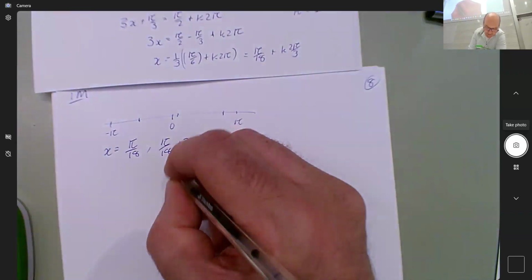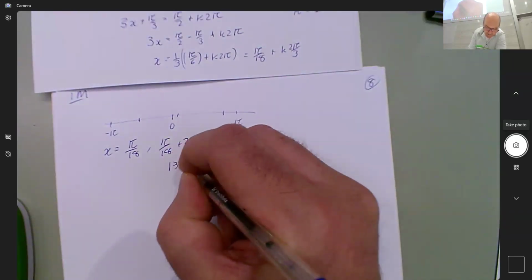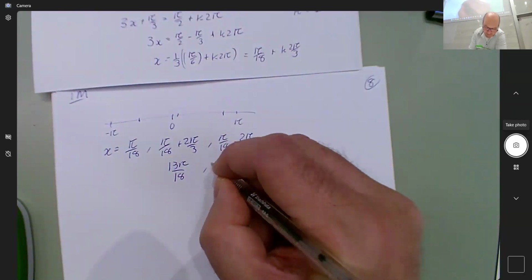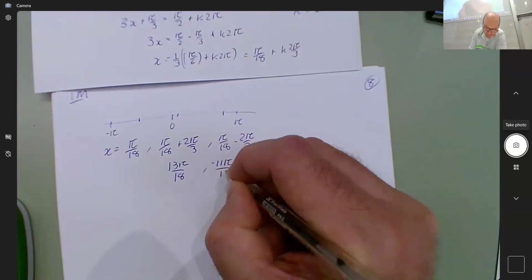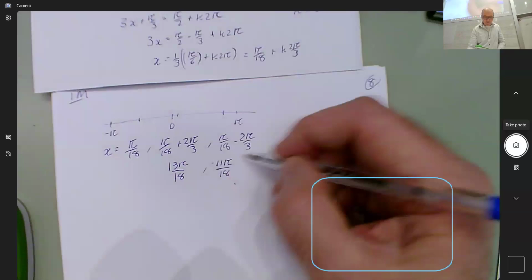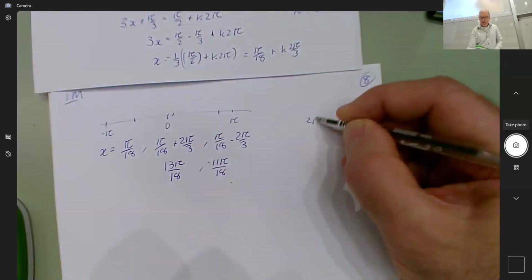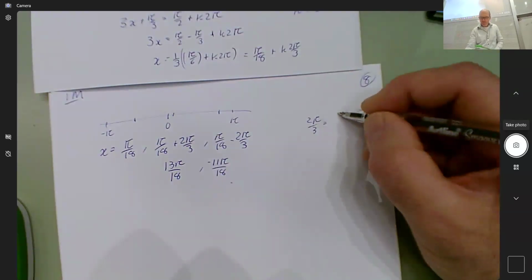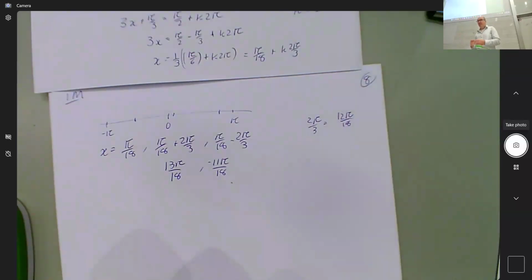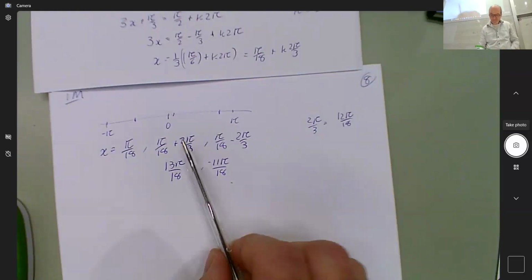This would work out to be 13 pi on 18, and this would work out to be minus 11 pi on 18. Because 2 pi on 3 is equal to 12 pi on 18.